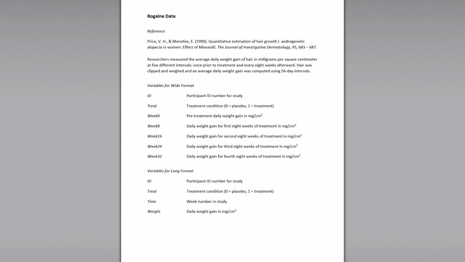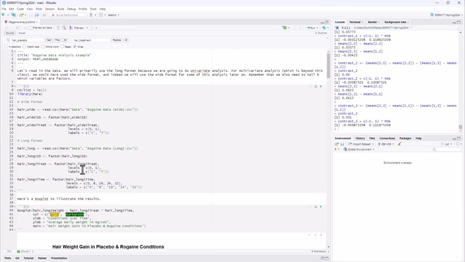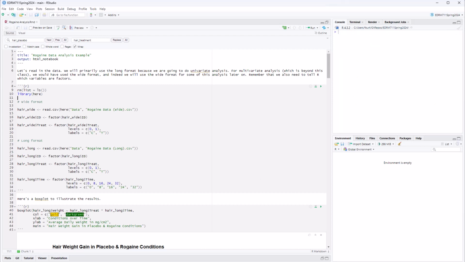Let's go ahead and call up our R, and let's actually read in the data here. We're primarily going to be focusing on the long format, but there is one time in which we're going to need the wide format. So I'm going to read it in both formats, and that will give us a chance to look at both. Notice that in both formats, in addition to reading in the data, I'm going to indicate the factors.